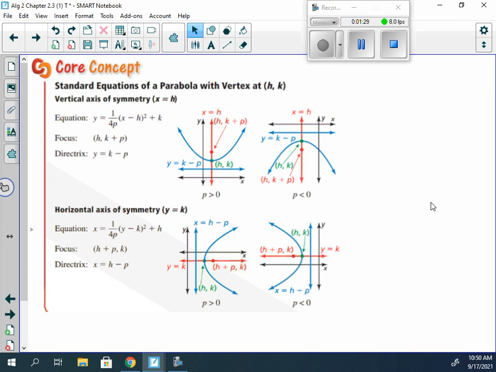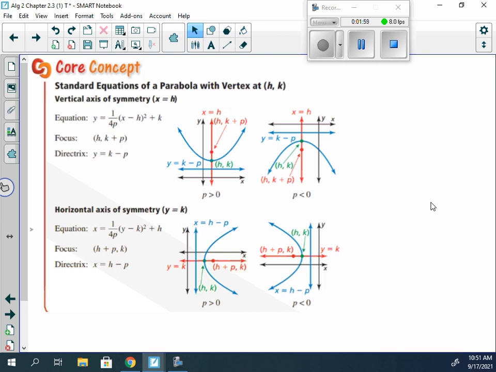And our other equation is x is equal to 1 over 4p parentheses y minus k squared plus h, with the focus as h plus p comma k.